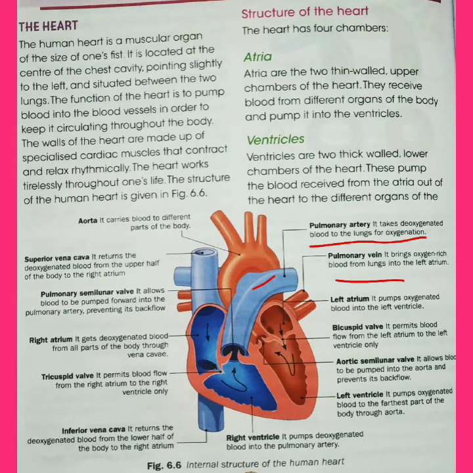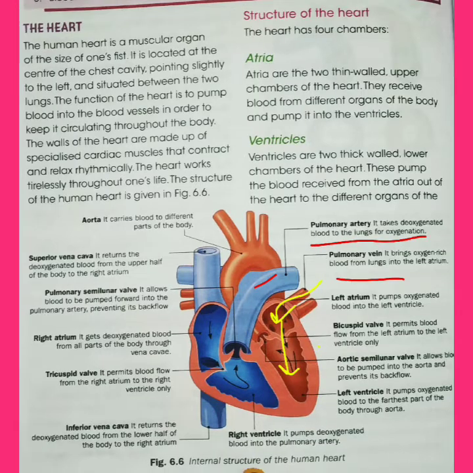The pulmonary vein brings oxygenated blood from the lungs to this left atrium. Then through this valve, that is bicuspid valve, it goes into the left ventricle. After that, what happens?